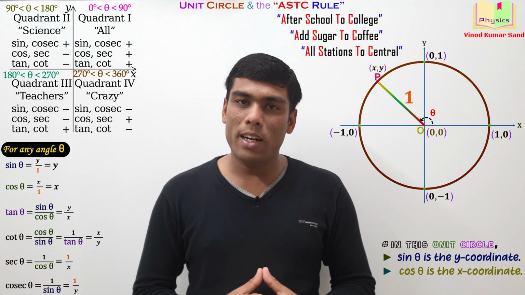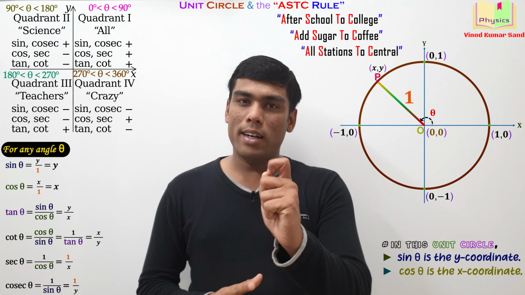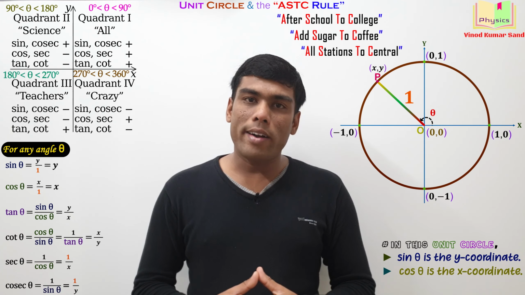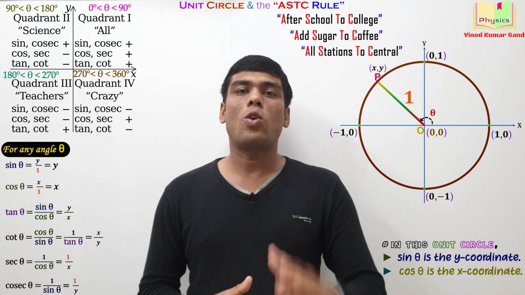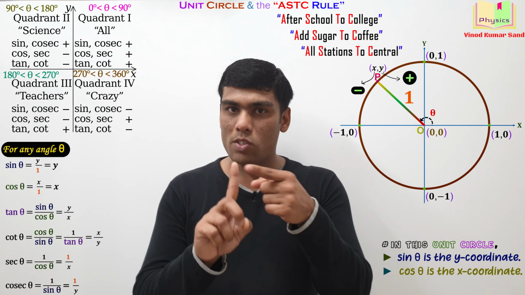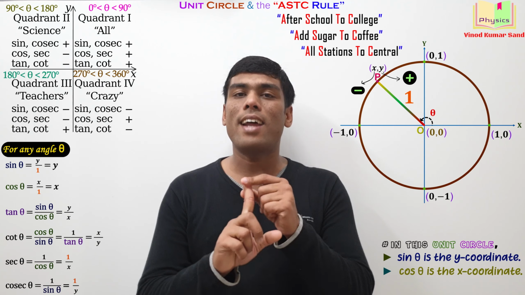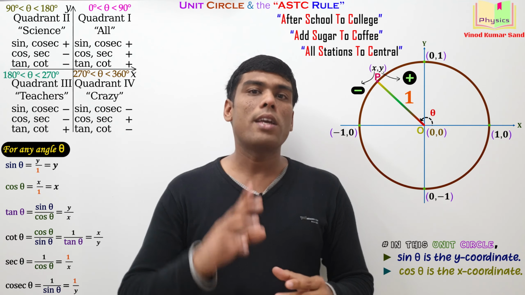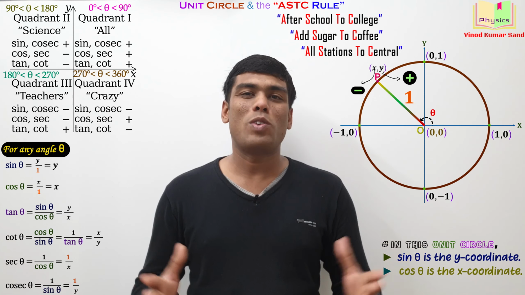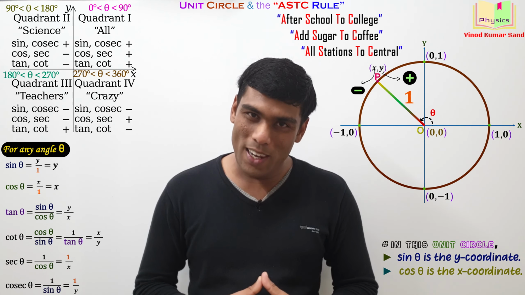Let's move to the second quadrant. Theta is greater than 90 degree but less than 180 degree. For second quadrant, we know that x coordinate is negative and y coordinate is positive. It means in the second quadrant, the sine theta and cosec theta will be returning the positive values, and remaining four trigonometric ratios will return us the negative values.